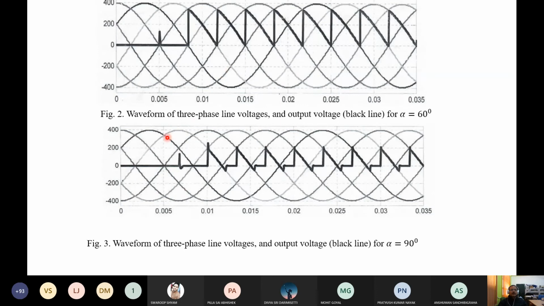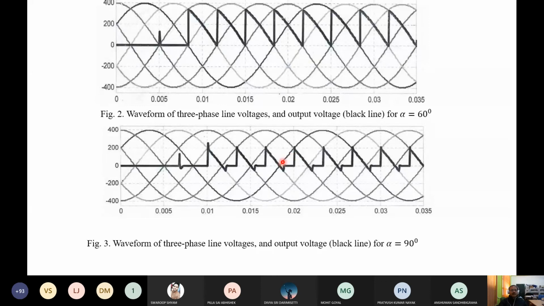Here, for line voltage the reference is 60. This is 0, this is 60. You got my point? Sir, for line 60, for phase 30. Yes. Phase voltage will appear only in half wave, the first one.